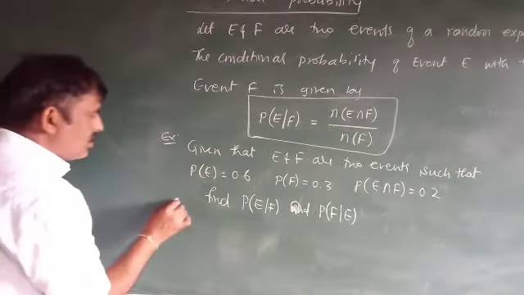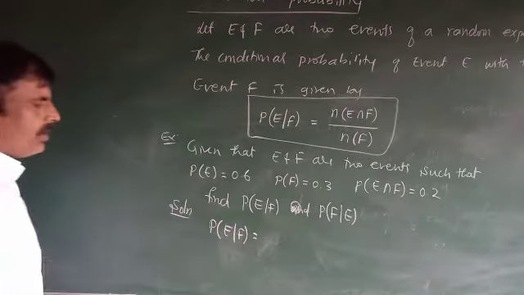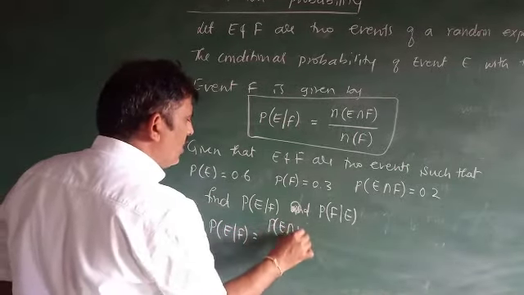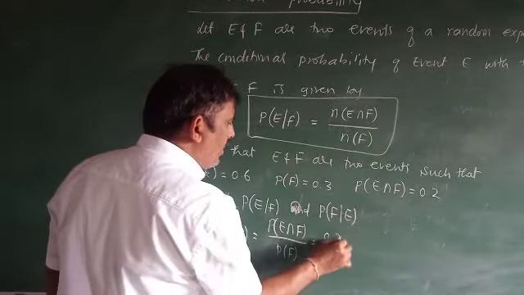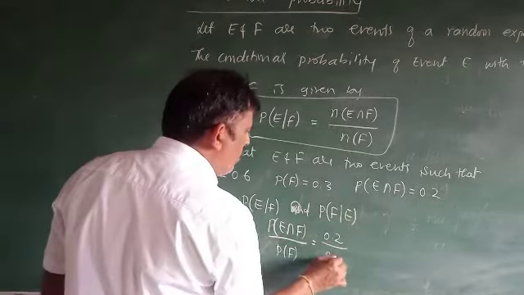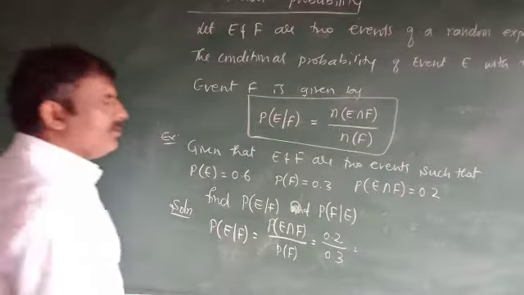The solution: probability of E bar F is equal to probability of A intersection F divided by probability of F, which is 0.2 divided by 0.3, that is 2 by 3.